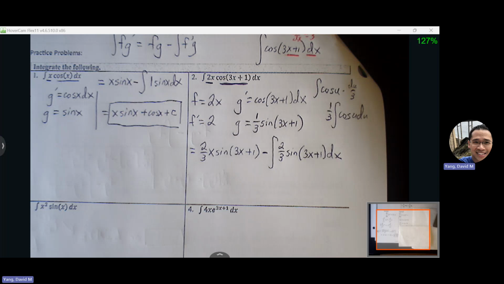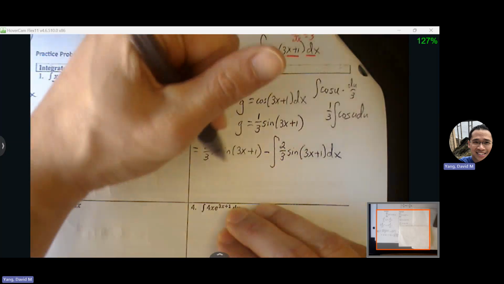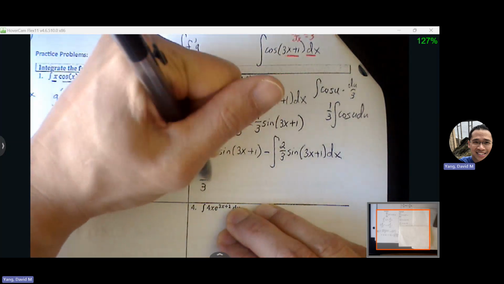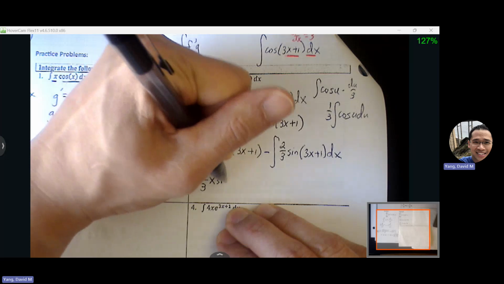So if you understand that's just a nice clean 1/3 that's going to come out of it, you can just find the integral of sine, which is negative cosine, and then include a 1/3 as part of the coefficient to resolve that. So once you understand that pattern, you don't have to go through the full U substitution steps, to save a little bit of time.